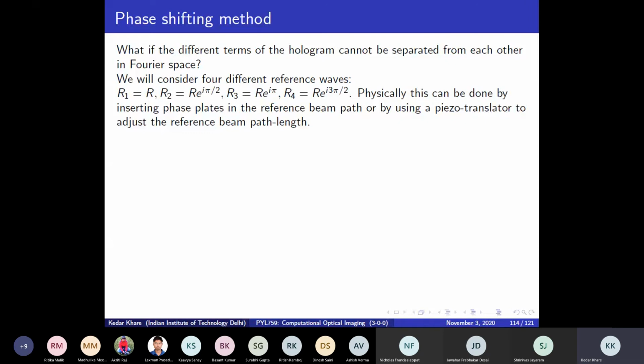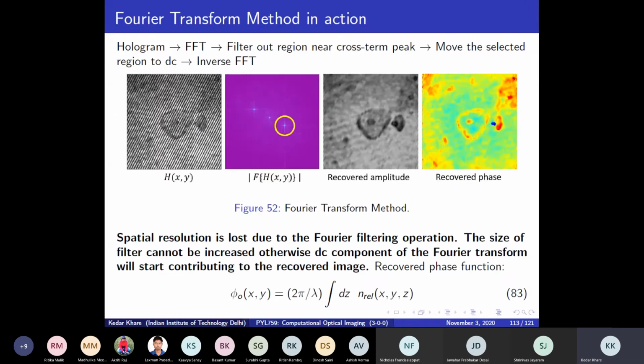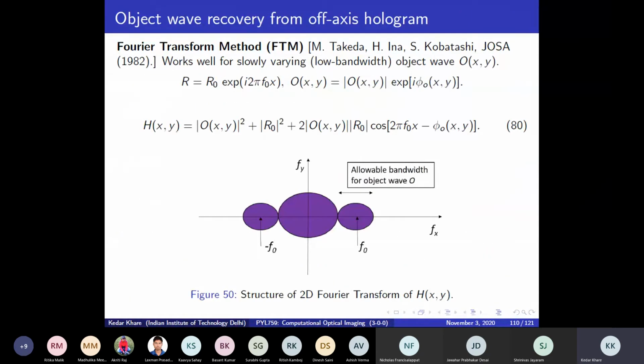Another way to look at this problem is, see, what we are interested in is we have this hxy, and we are looking at recovering this oxy out of it. So another way to recover oxy, when there can be cases where the Fourier structure is not so nice, and for example, my reference beam could be a spherical wave, and in that case, I don't have really access to different bands.